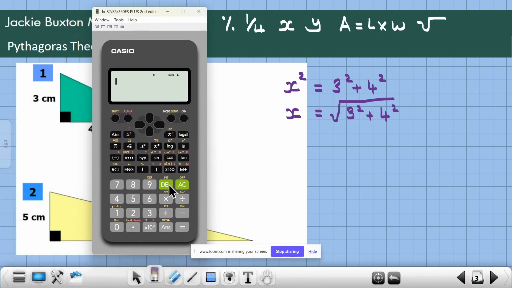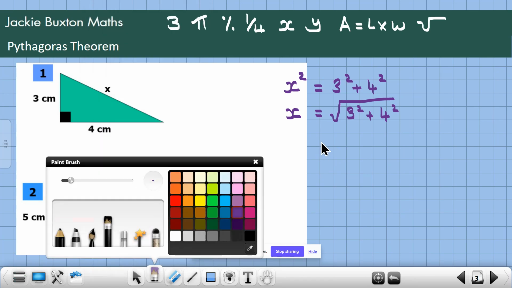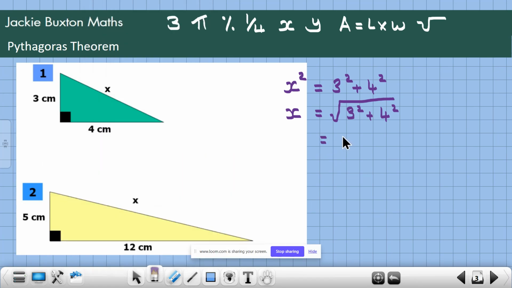We're going to click on the square root sign and then put 3 squared, and we're going to add to that 4 squared, and we click equals, and we get an answer of 5, which is good because it agrees with our last calculation. So x equals 5 centimetres.